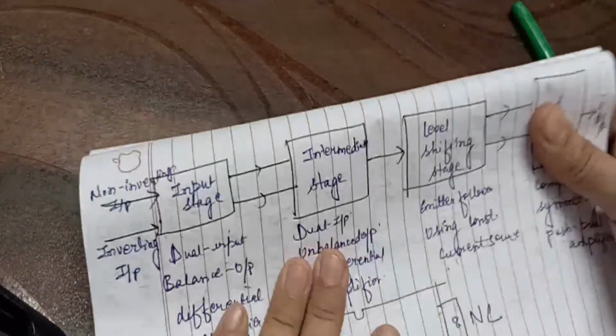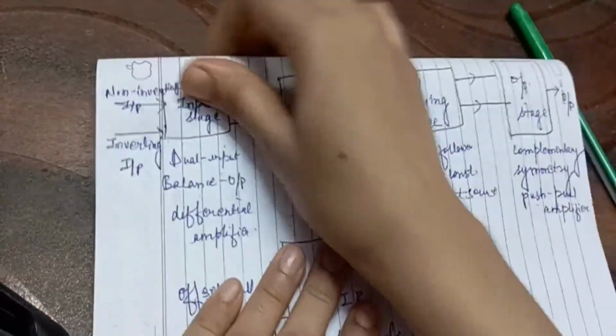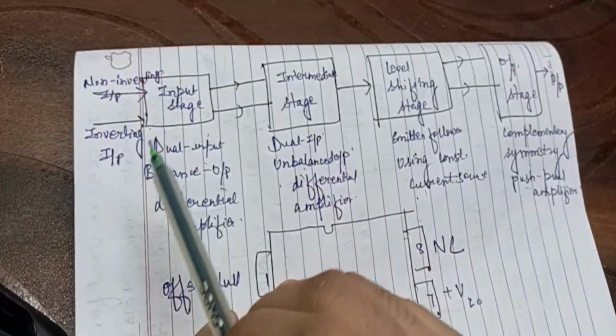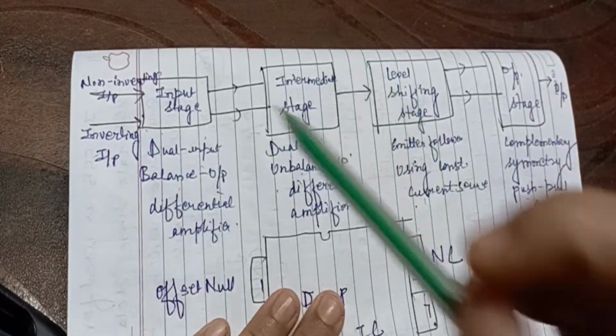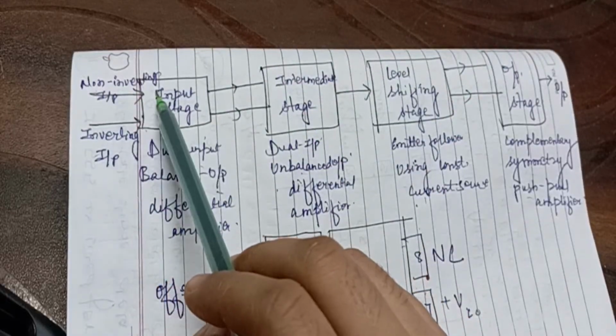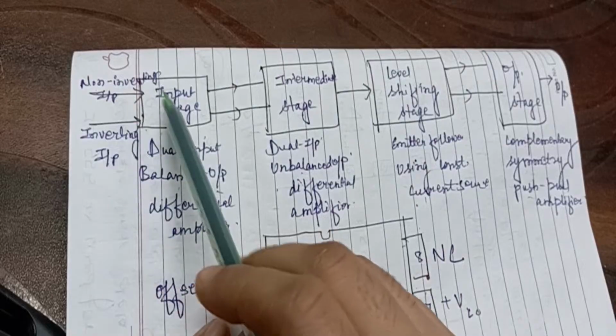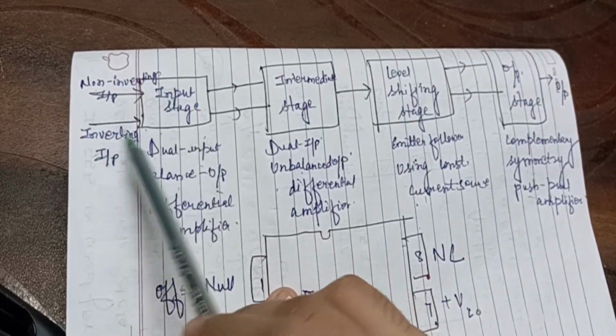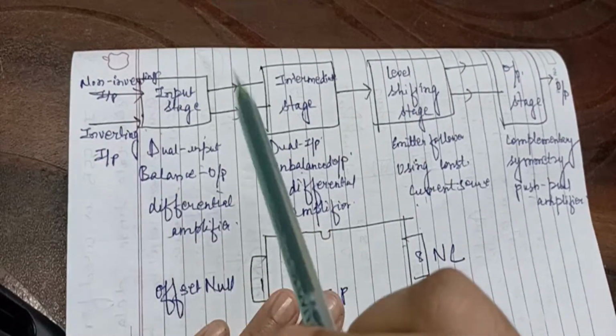Let us see the block diagram of an op-amp. It has a differential amplifier input. This is the non-inverting input, meaning positive input, and the inverting input means negative input.